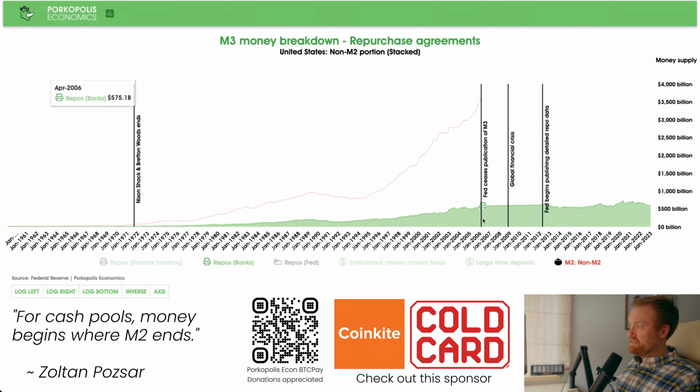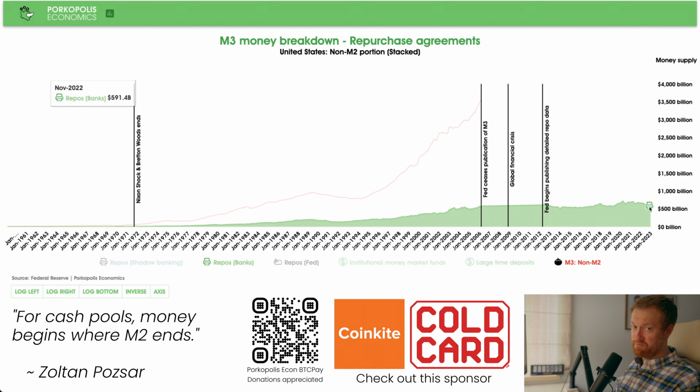You see that they discontinued M3, and then again, I have this on the timeline. We have the global financial crisis, of course, but then the Fed begins publishing more detailed repo data. It's really not that detailed, but it's more detailed, in March, the first quarter of 2012, and it's quarterly. Nonetheless, I'm still extrapolating between quarters to give you a monthly frequency. And you can see it didn't really grow much at all in the banking system.